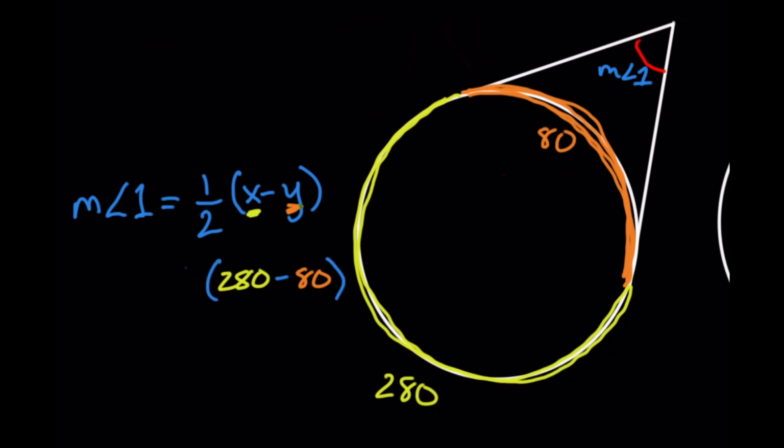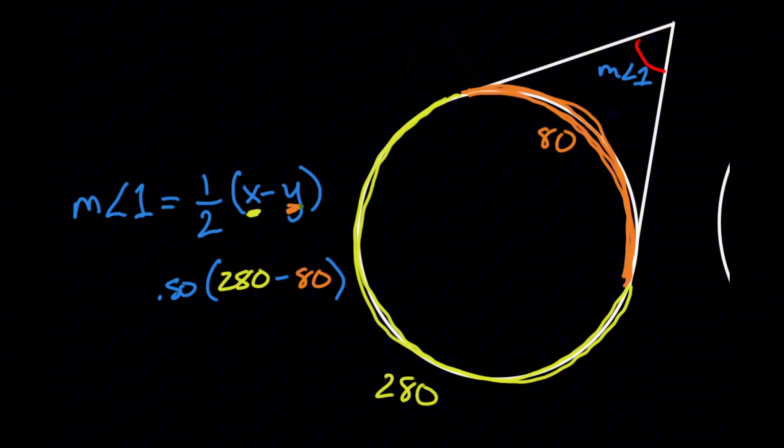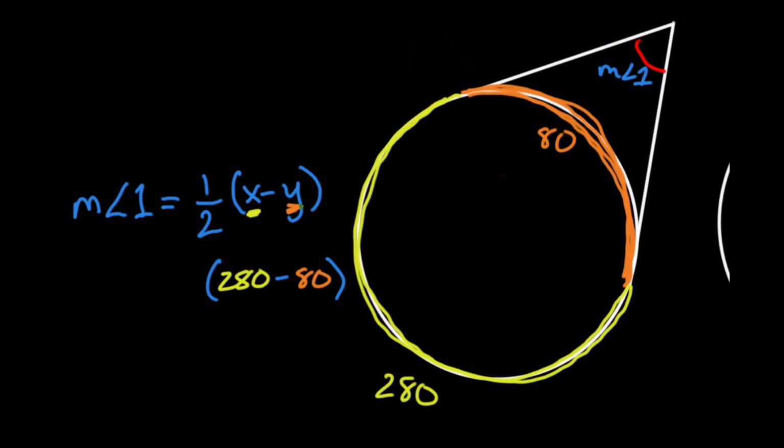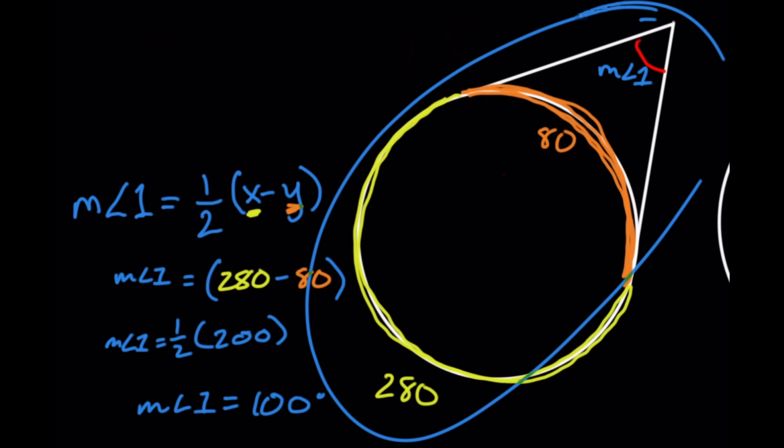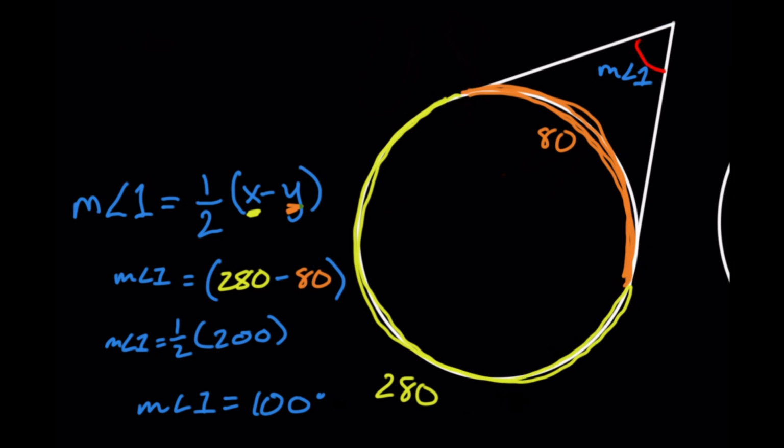Then we multiply that by 1/2, which is the same thing as dividing it by 2, because you're multiplying it by 0.5. So 200 divided by 2 is 100. So the measure of the angle would be 100 degrees. But obviously this right here is not proportional, I just drew it. So that is how you would do this kind.